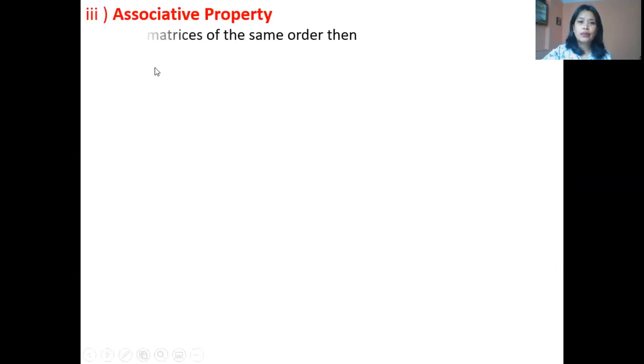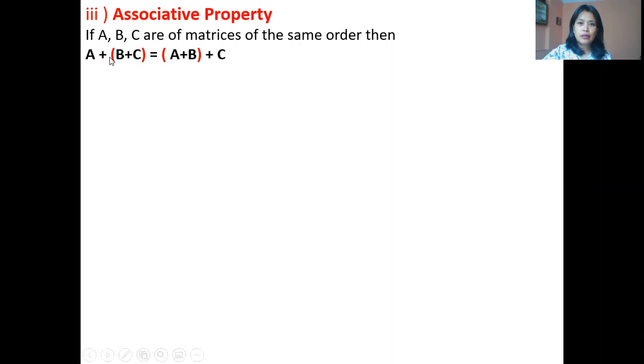Moving on to another property of matrix addition. This one is the associative property. Here it says, if A, B, C are matrices of the same order, then (A plus B) plus C equals A plus (B plus C).